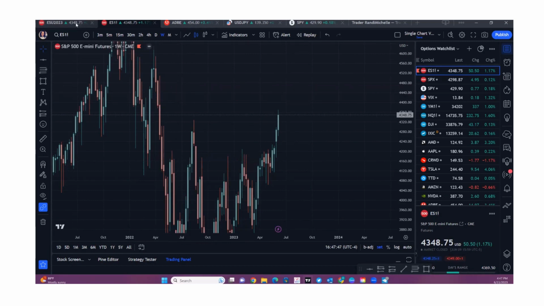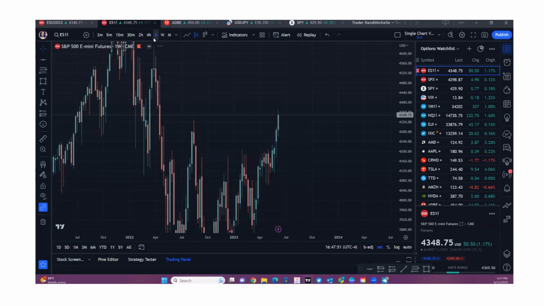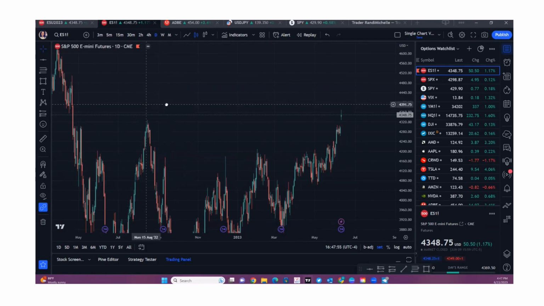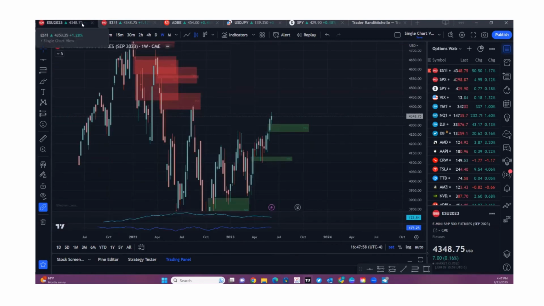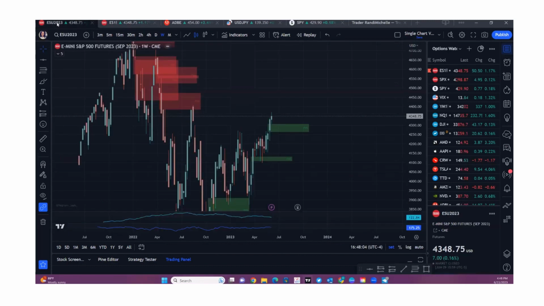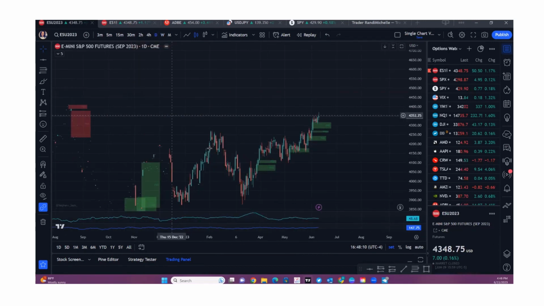So let's come over. I don't know which one I want to do, y'all. I hate it when the contract changes. It's really frustrating for the first week or so. I like the continuous better, but I don't like that gap. That gap makes me think things are going to do things that they're not going to do. But then you don't have enough data back here.